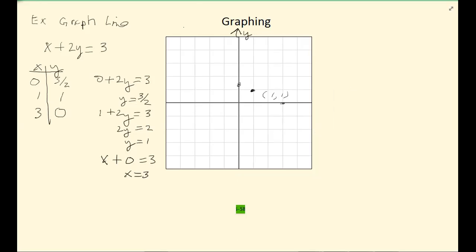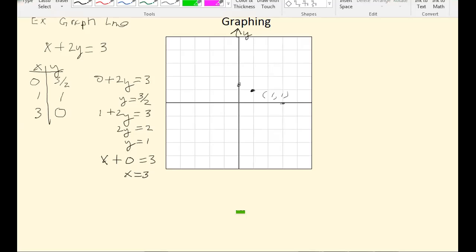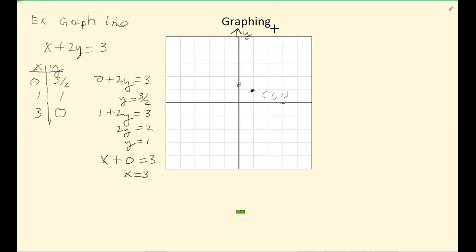Now, I'm going to try to draw a line connecting these points.